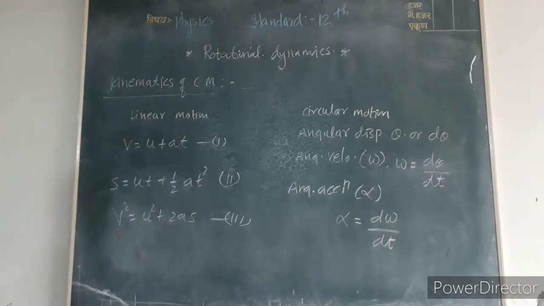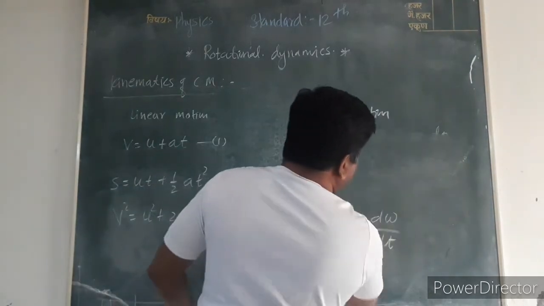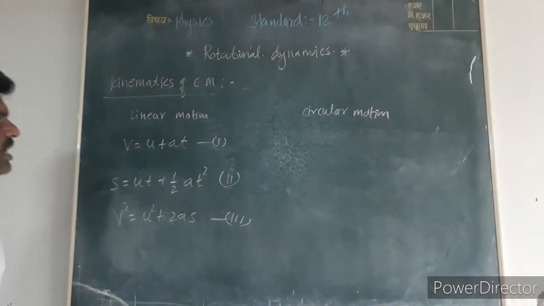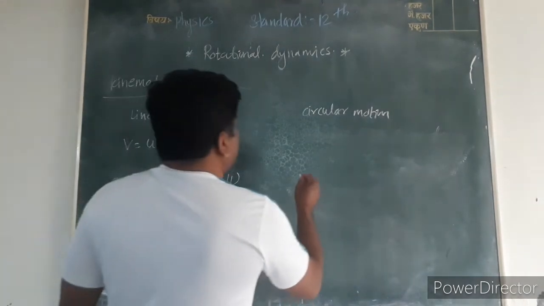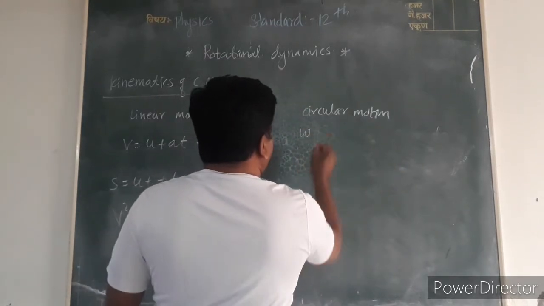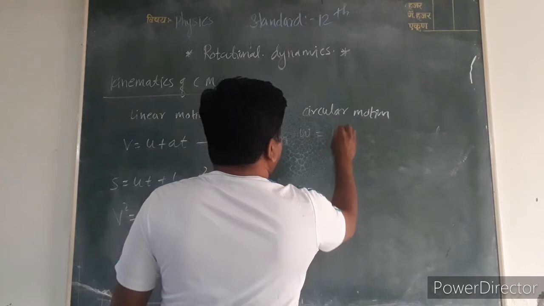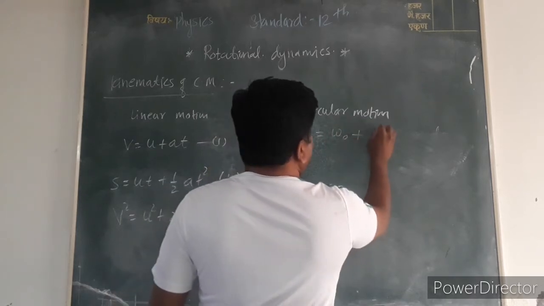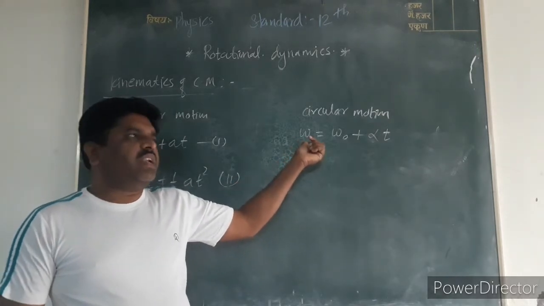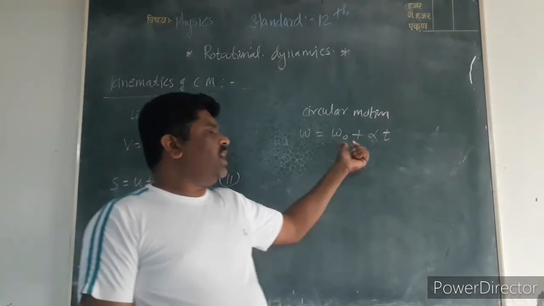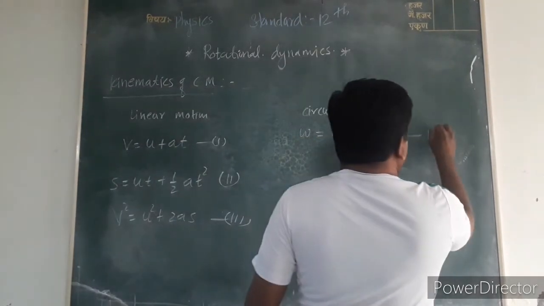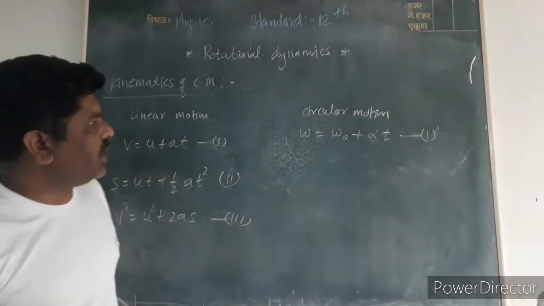Now we discuss about the kinematical equation in circular motion. The first kinematical equation in circular motion is denoted as omega is equal to omega 0 plus alpha into t, where omega means final angular velocity, omega 0 means initial angular velocity. This is the first kinematical equation in circular motion.